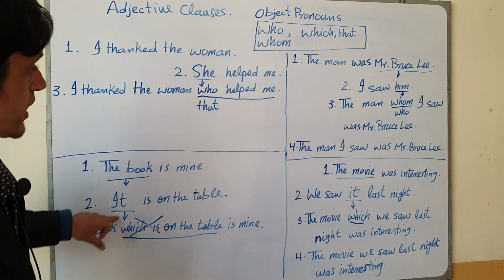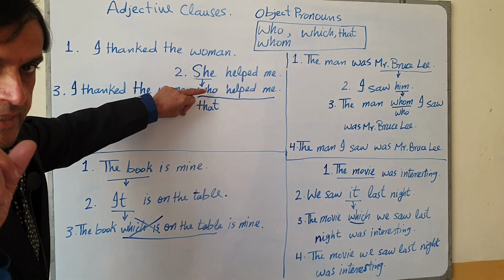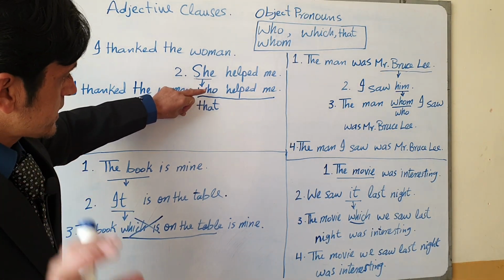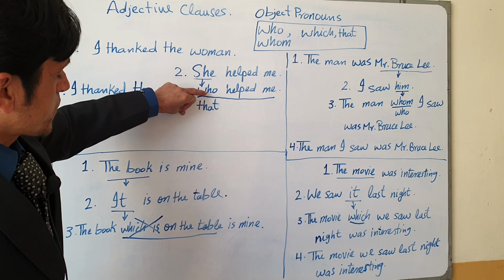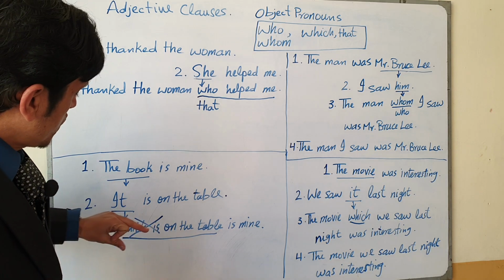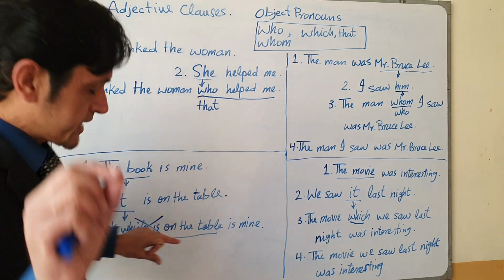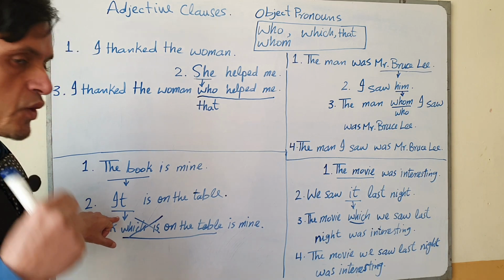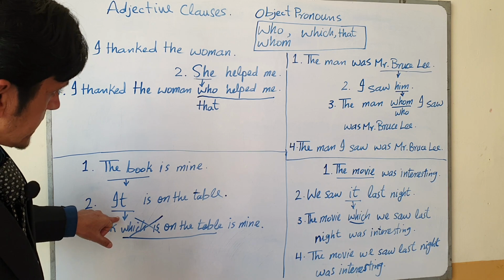Why? Because when we use a pronoun which is used for the people or for the persons, in that case we cannot omit that pronoun. But if a pronoun is used in the subjective case which is used for the things like this, so if it is used for the things, so we can omit it.